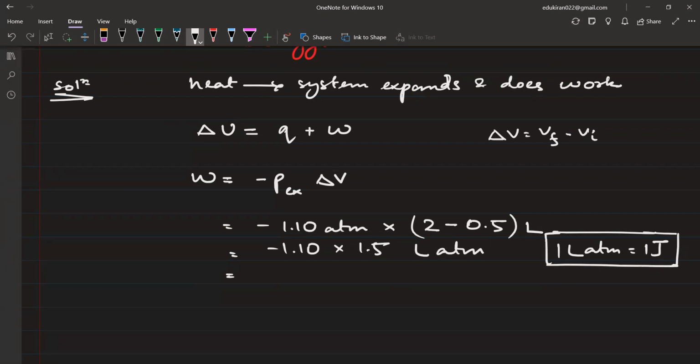Calculate this. 15 into 11 and then 1, 2, 3. This is 101.3 joules. Calculate this and tell me.